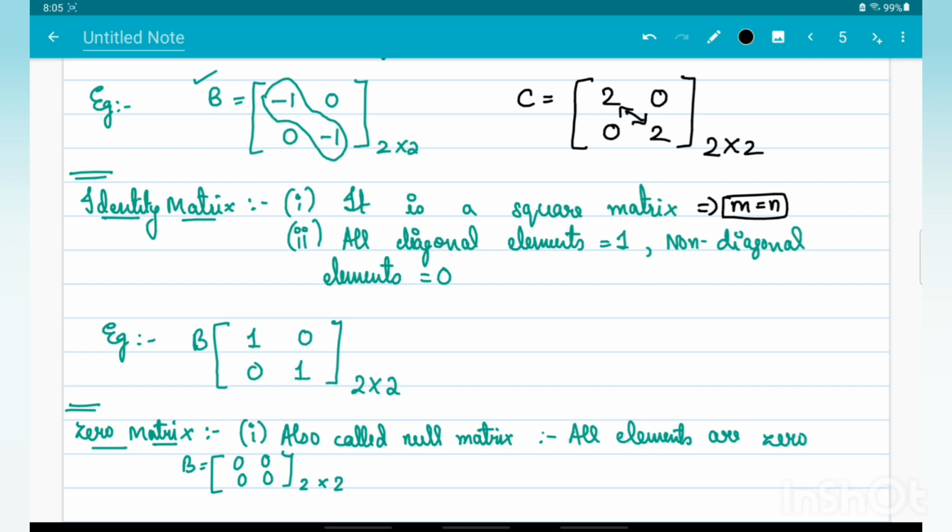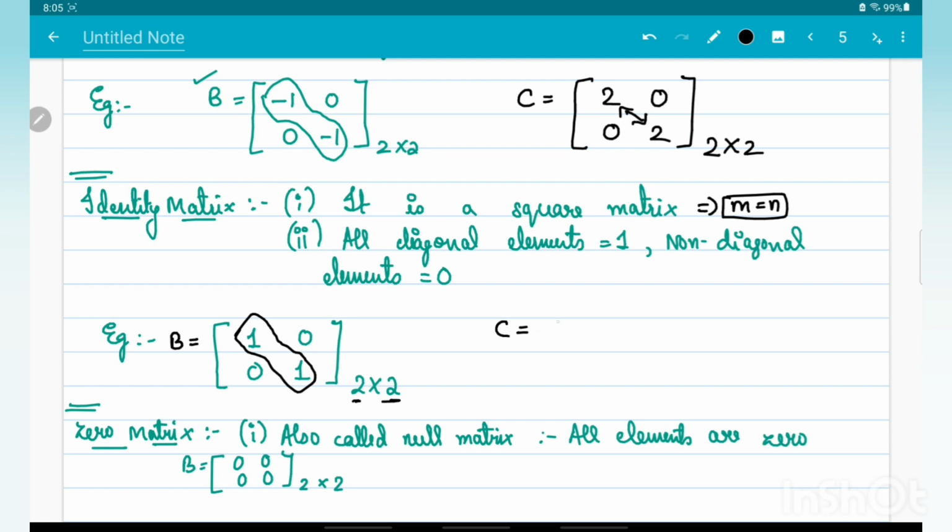So if you see here, B is an identity matrix because, first of all, it is a square matrix, since you can see there are 2 rows and 2 columns. So it is a square matrix of order 2 by 2. And then if you check the diagonal elements, both the diagonal elements are equal to 1 and the non-diagonal elements are 0.